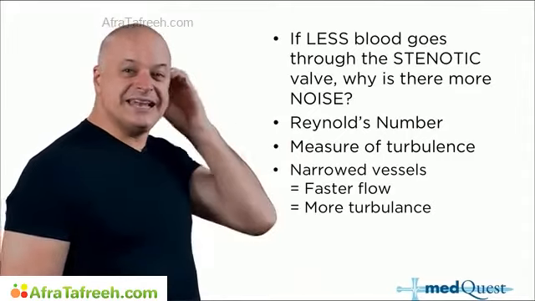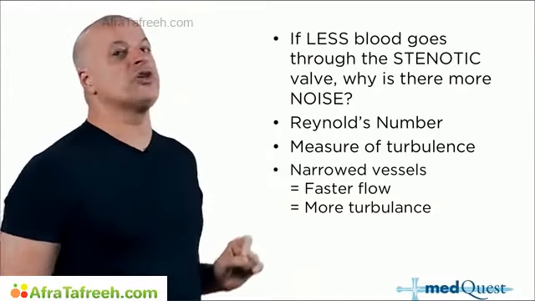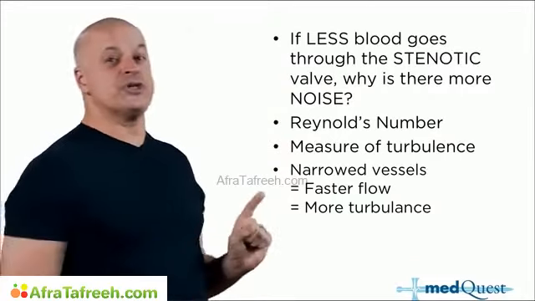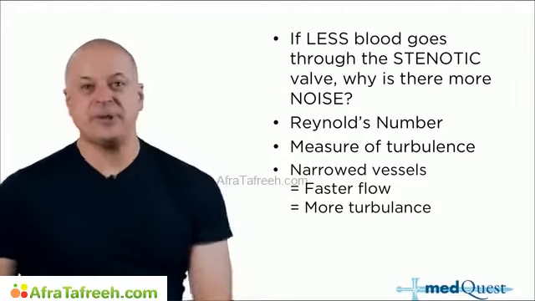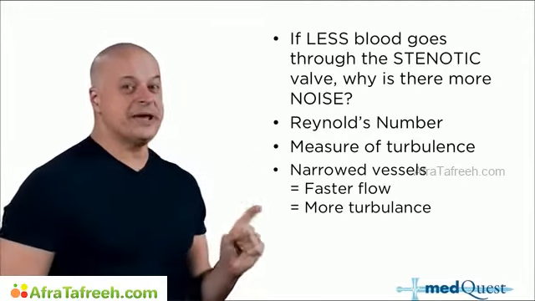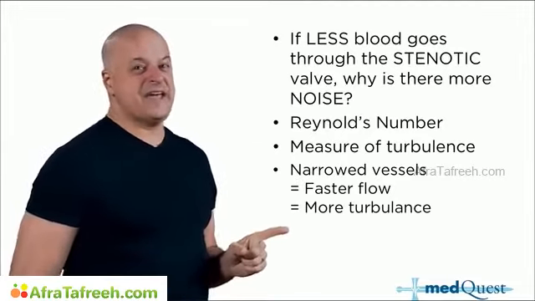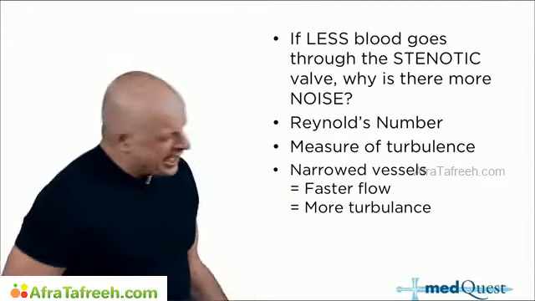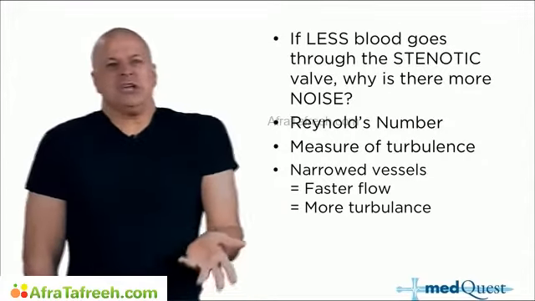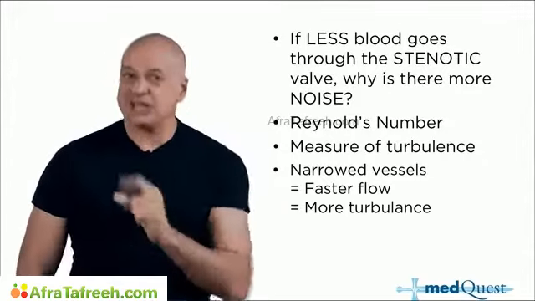You see, the narrower the vessel, although the flow is down, the flow that does happen happens faster. The flow is down, but it's faster, and since it's faster, it's more turbulent. Well, how come isn't that net equal? The flow went down, but the speed went up, so isn't it equal? Actually, it's not equal.